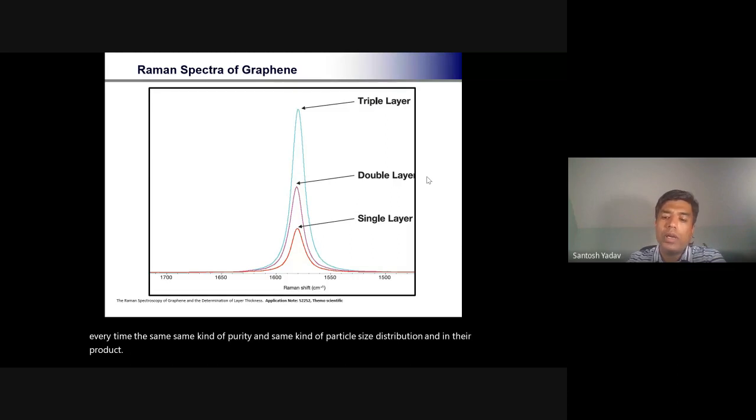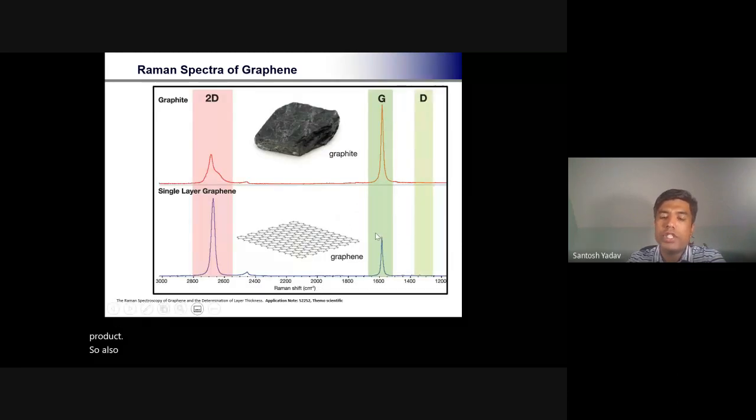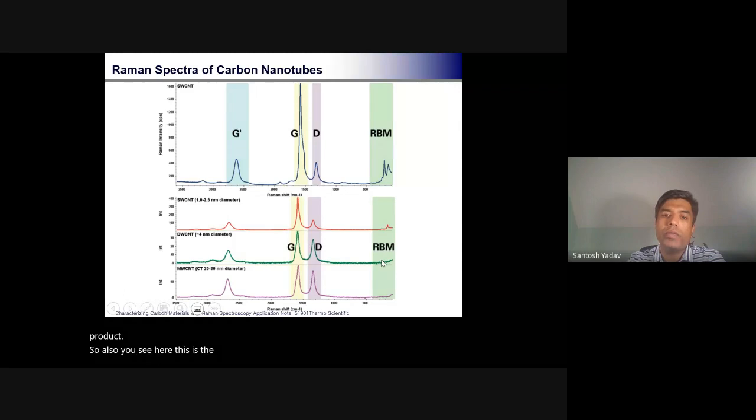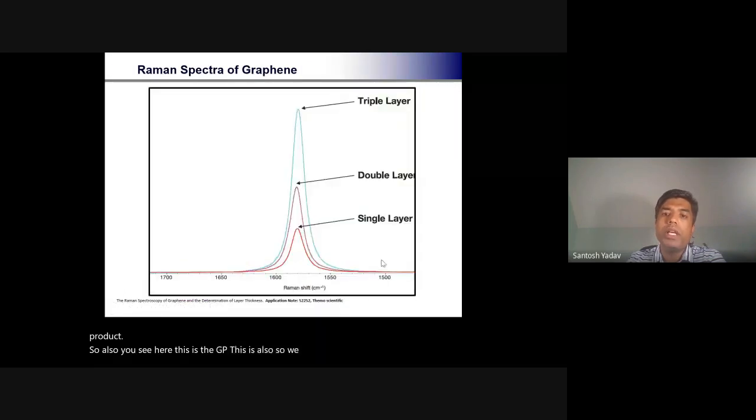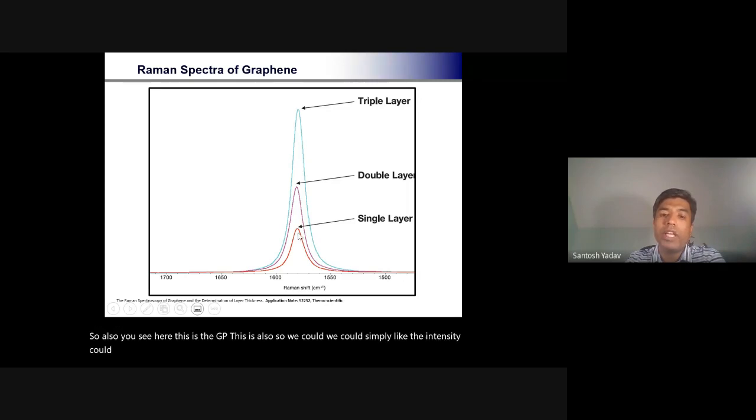Also you see here, this is the G peak. If the intensity changes, you can figure out how many layers you have in your graphene, from single layer, double layer, to triple layer. But keep in mind, this is very dependent on the laser you are using in your Raman spectra.